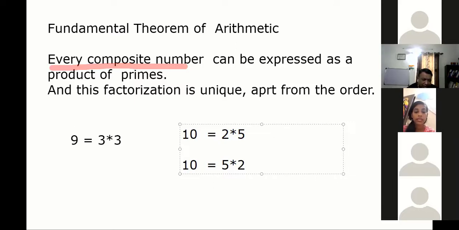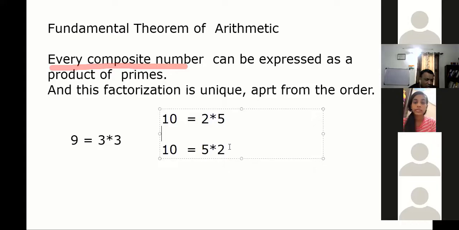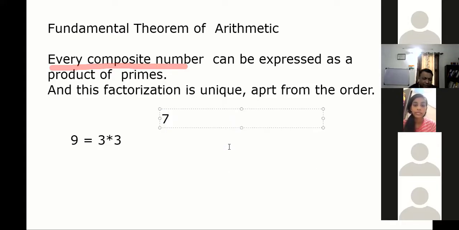Good. Everybody is okay. And yes, this is only for composite numbers, because prime numbers we know. Let's see whether it works for a prime number. Say the prime number is 7. 7 can be only this. 1 is not a prime number, because a prime number cannot have more factors apart from itself and 1. 7 is just 7 only.